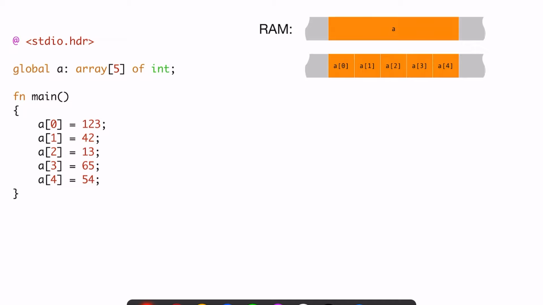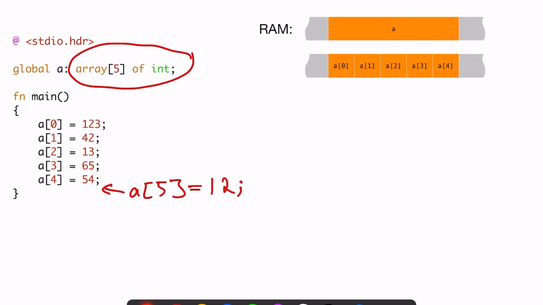Also try out the following. Assign a value to an array element which does not exist, for example to a[5], let's say the value 12. Now a mistake like that easily happens because you just look at the declaration, you see you have an array with 5 integers.